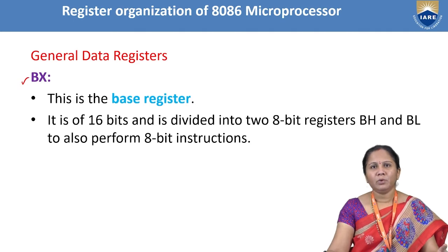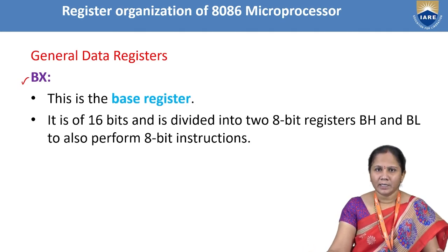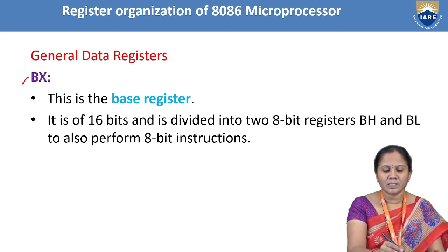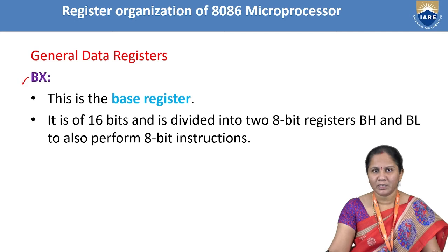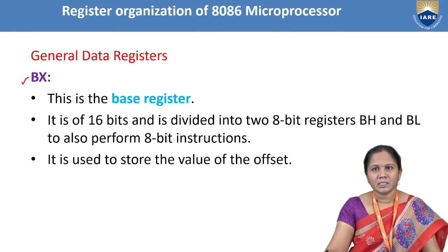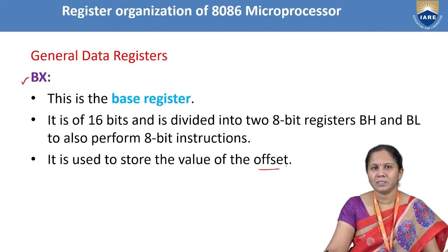Now, coming to the next general data registers. Next register is BX register. It is a 16-bit register. So BX register can also be called as base register. You can perform 16-bit arithmetic and logical operations. If we want to perform 8-bit operations, the register BX can be divided into 2 8-bit registers as BL and BH.